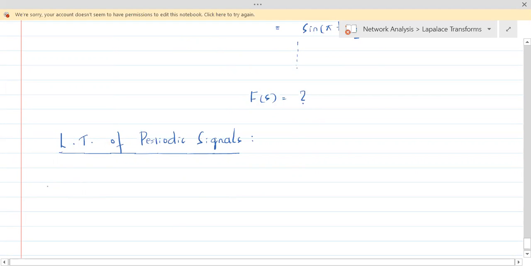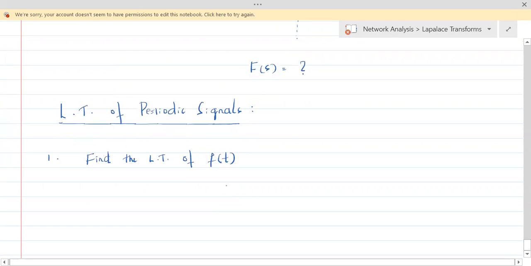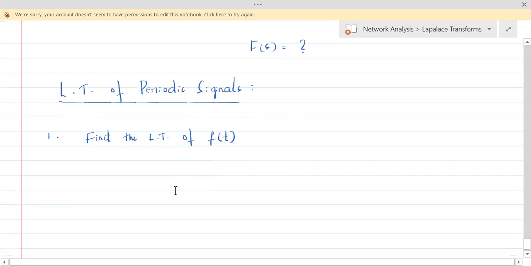Let's take this as problem number 1, since we are taking the periodic signals. The question is, find the Laplace transform of f of t. But in this case, f of t would be a periodic signal, which is repetitive in nature.